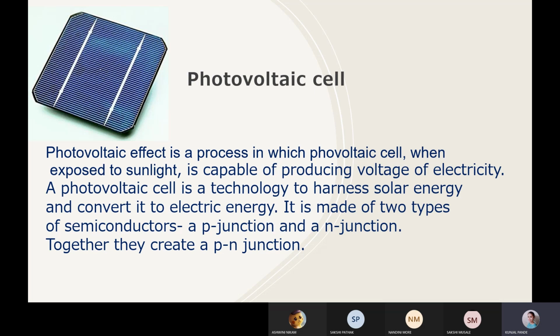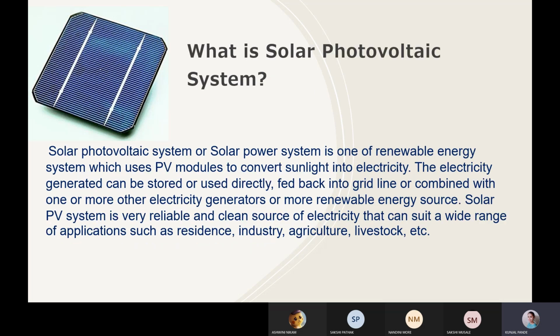Now we will move further, we will see what is solar photovoltaic system. Solar photovoltaic system or solar power system is one renewable energy system which uses PV modules to convert sunlight into electricity.